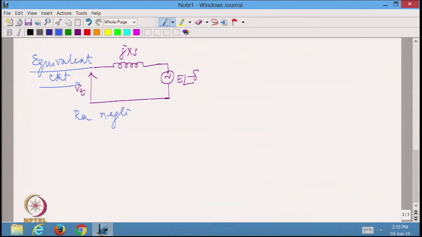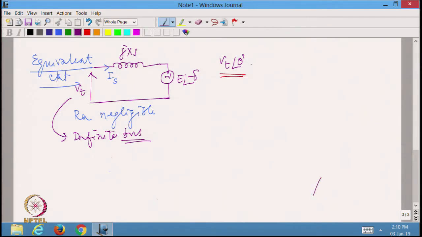So, we are assuming RA is negligible, which is justified. Now, if it is a motor, I am going to have the current flowing from here towards the induced EMF side. So, this is stator current Is. If I try to write the equation, I should write Vt angle 0, especially if I am assuming that this is connected to an infinite bus. I am going to assume that the voltage is going to be my reference vector. So, I can write that as Vt angle 0 without any problem.